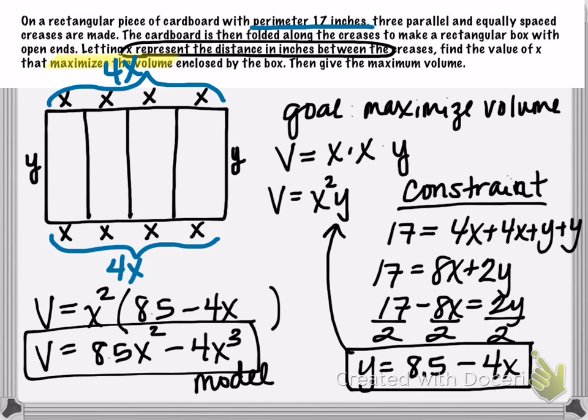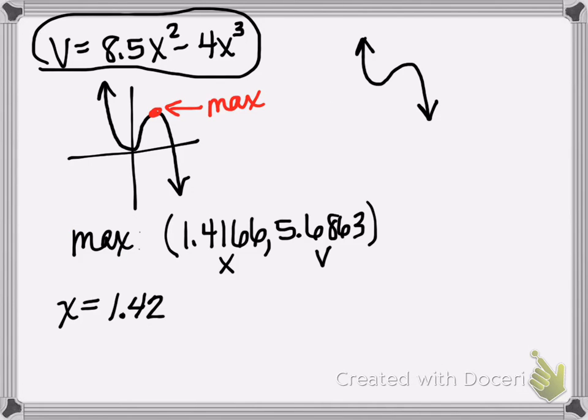Going back to my original problem, let's see, what were we measuring in? The perimeter up here at the top says the perimeter was 17 inches. So x was going to be measured in inches, so that would be 1.42 inches. 1.42 inches is the distance in between the creases on the original piece of cardboard.